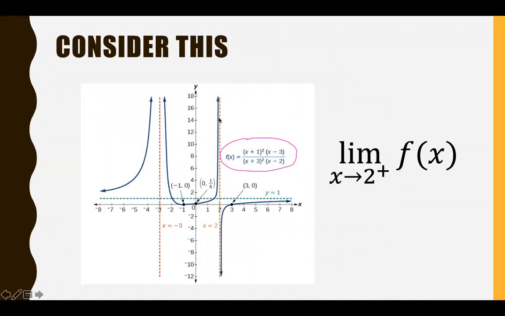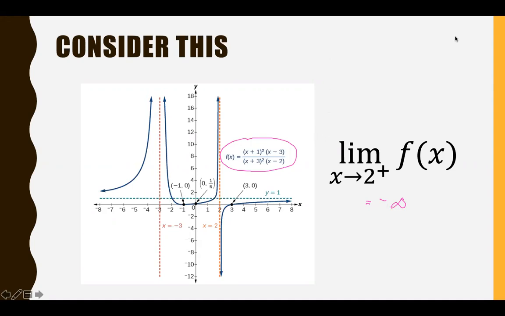So this will be the 2, coming from the right, starts here, and if you go down, I believe you'll agree with me that the answer is it approaches negative infinity. Okay, so that's how we solve for the limits of rational functions in infinite limits.